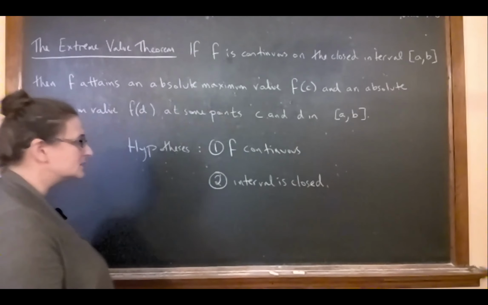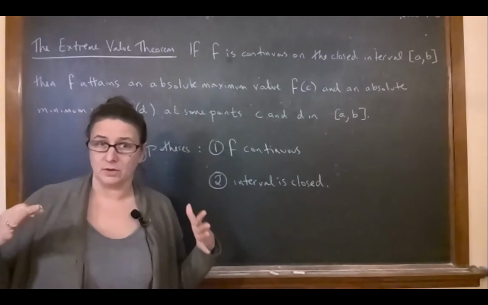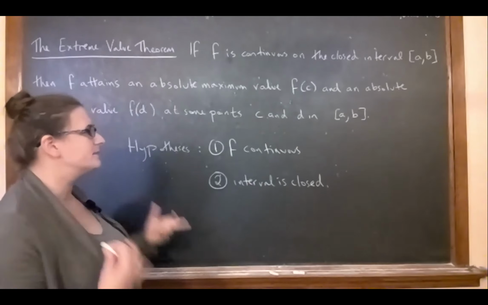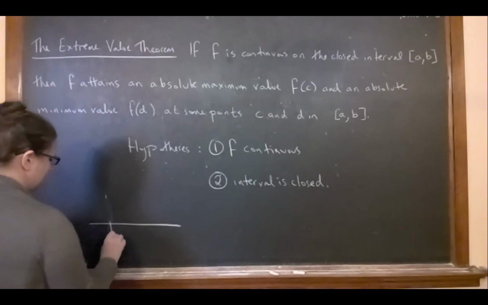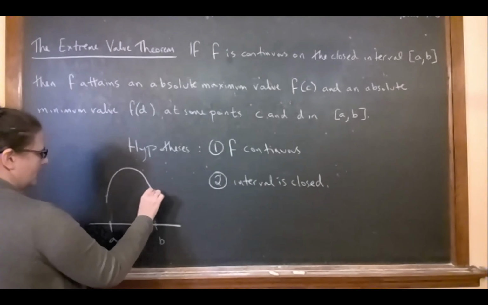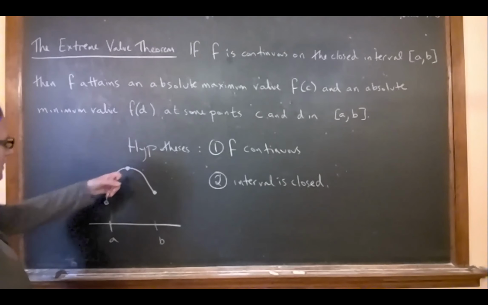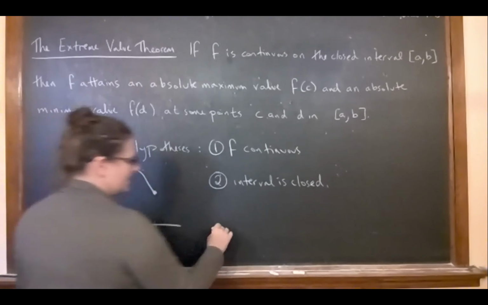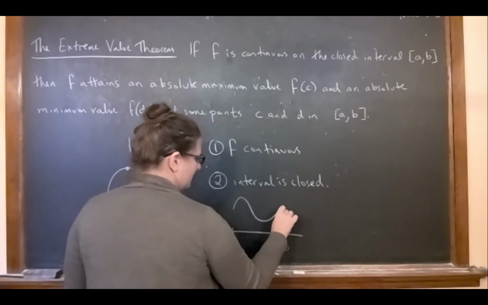And it makes sense because the interval being closed means you have closed circles at the endpoints, and f being continuous means you don't have any jumps. So you can imagine pictures like some things that we saw, where the maximum happens at the top here and the minimum happens there, or maybe both the maximum and the minimum happen in the middle of the interval.